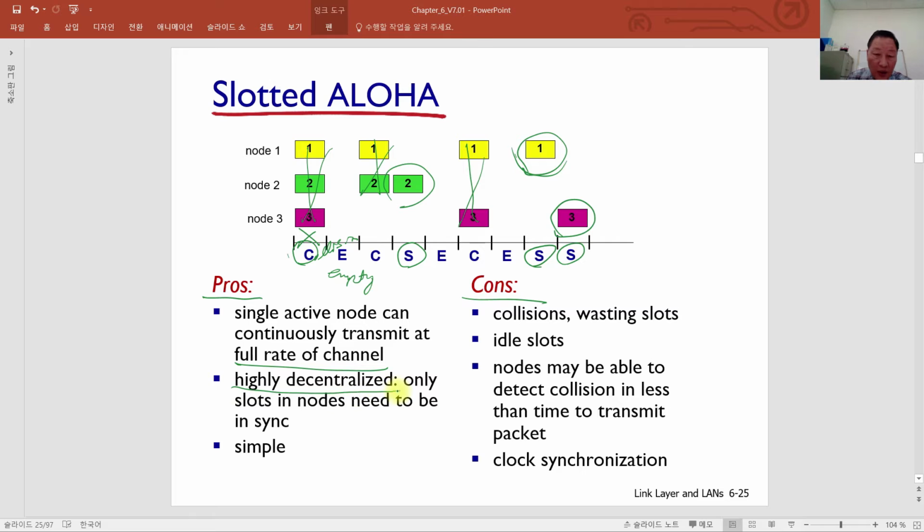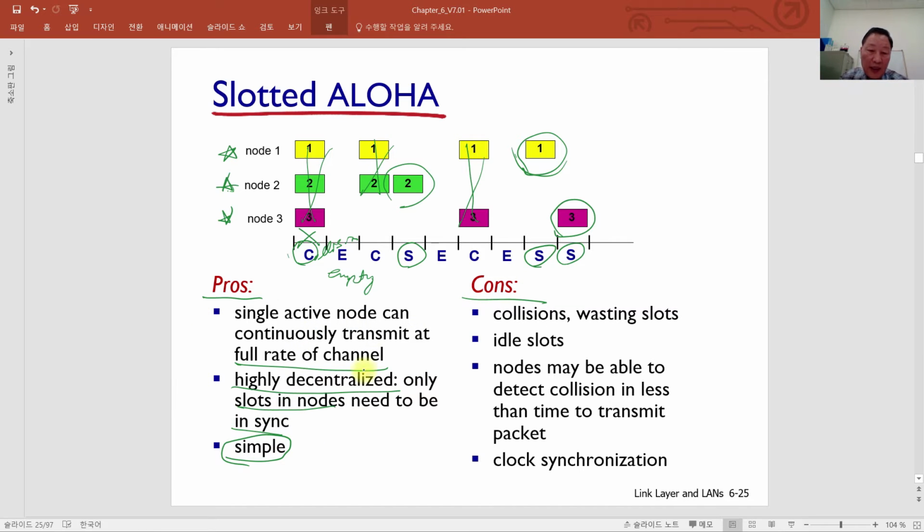It is highly decentralized; only the slots in nodes need to be in sync. Thus they should use the same clock for synchronization, and it will be simple.